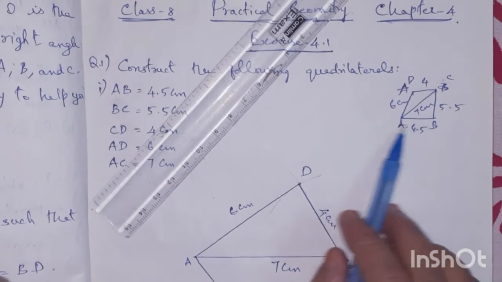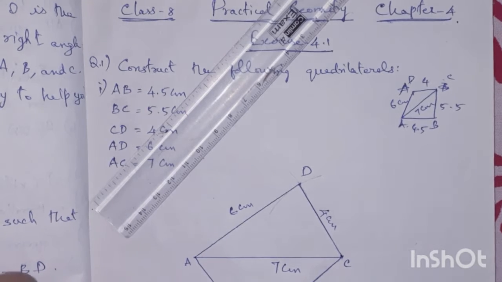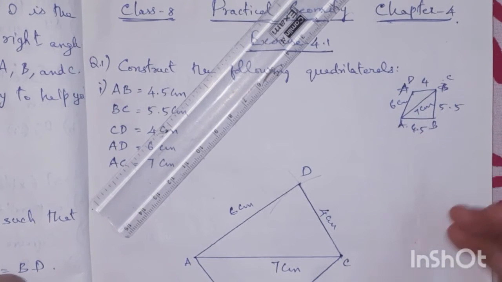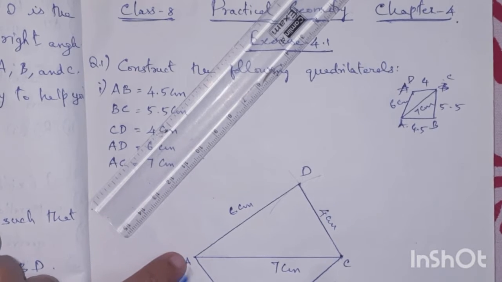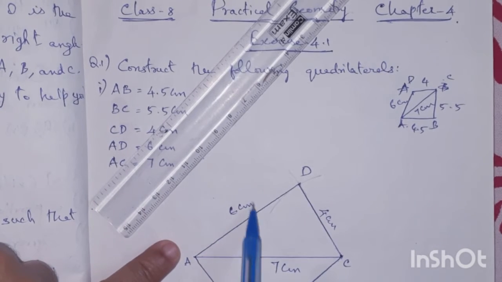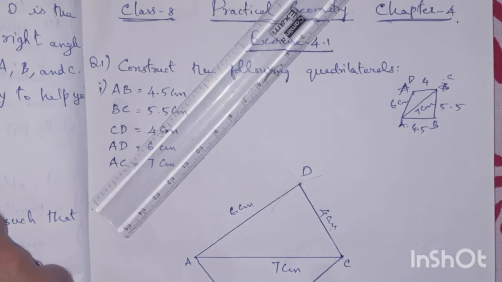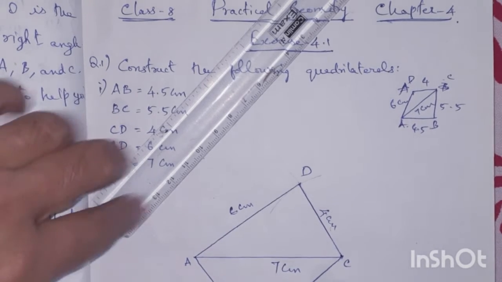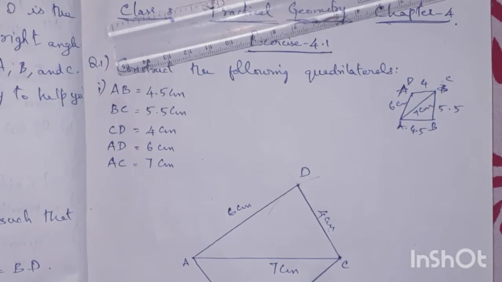This is AB, 4.5 centimeter, and BC is 5.5 centimeter. After drawing these lines we have to mark 5.5 centimeter, 4 centimeter, 4.5. Now the construction is right with the steps.